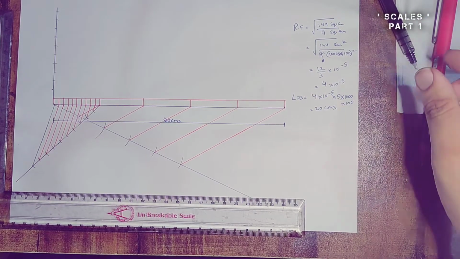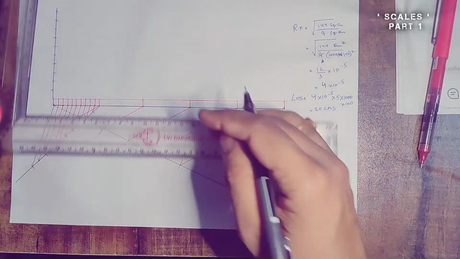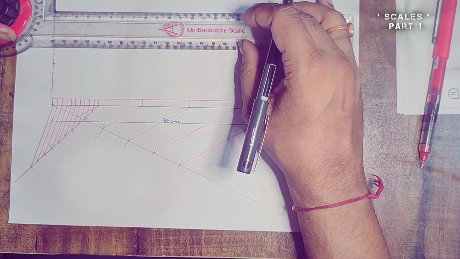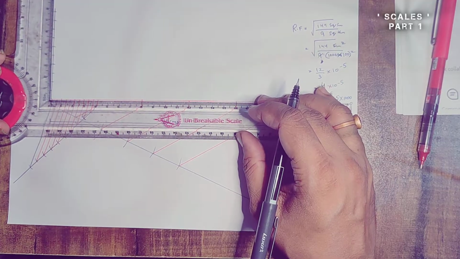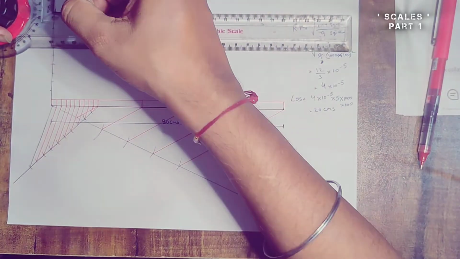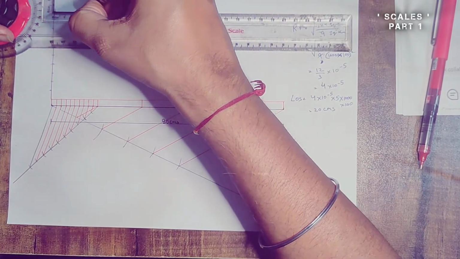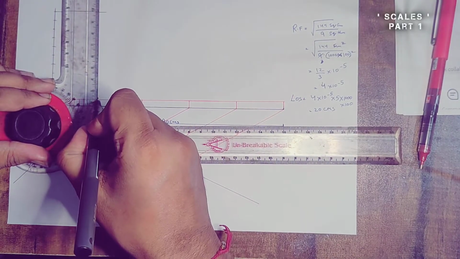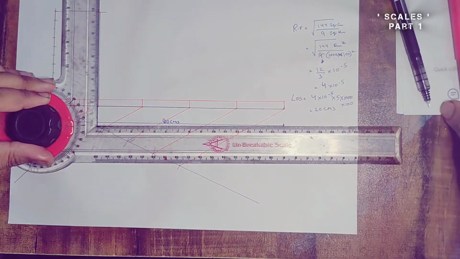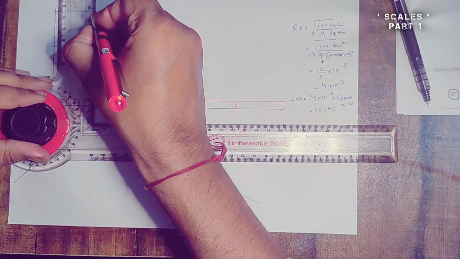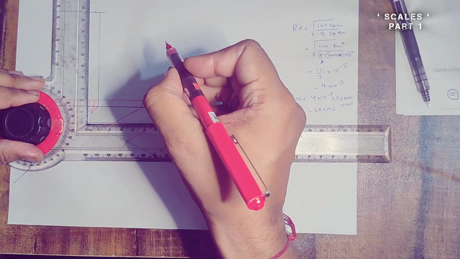This is all 10 divisions, and you have to make this box completed. Make a complete box and mark these dimensions directly over here.